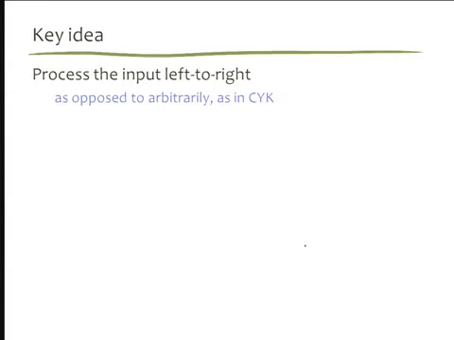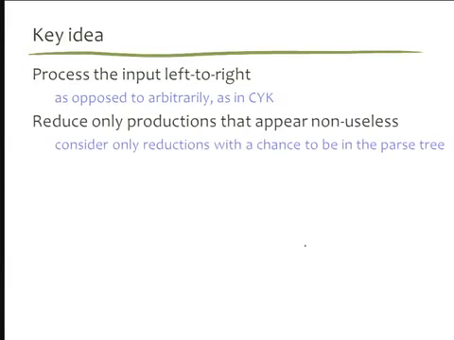We'll really process the input left to right. And we'll only produce those edges, we'll only do those reductions that appear at the given point like they still have a chance to be in the parse tree. When you go down the input further, you realize, well, they are really not part of the parse tree, but at that point we couldn't tell. So given the left context of the input that we have seen, we'll do our best suppressing edges.